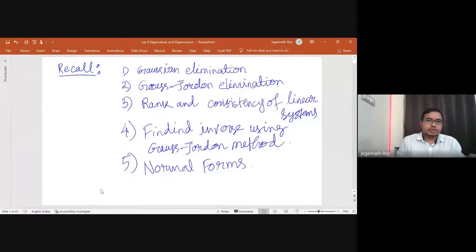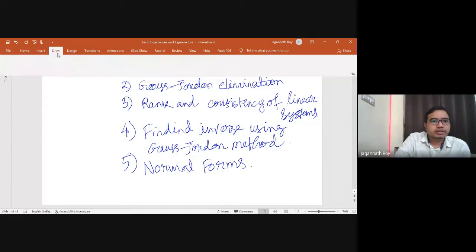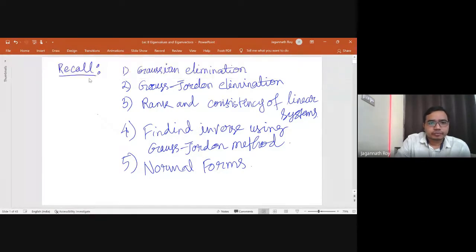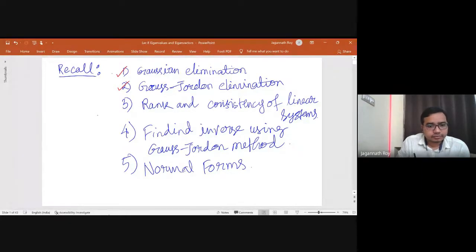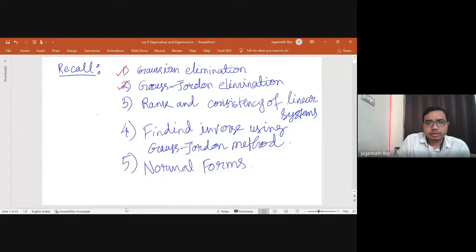So this is just to recall the concepts that we have learned so far. Gaussian elimination, Gauss-Jordan form, Gauss-Jordan elimination, then we have also seen the rank of a matrix and linear independence.